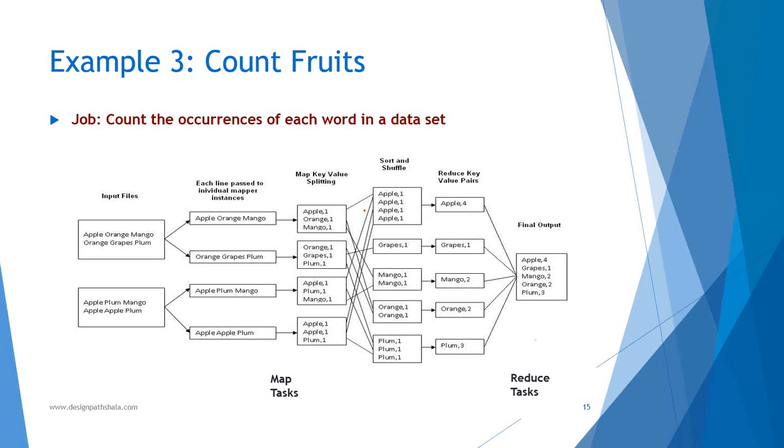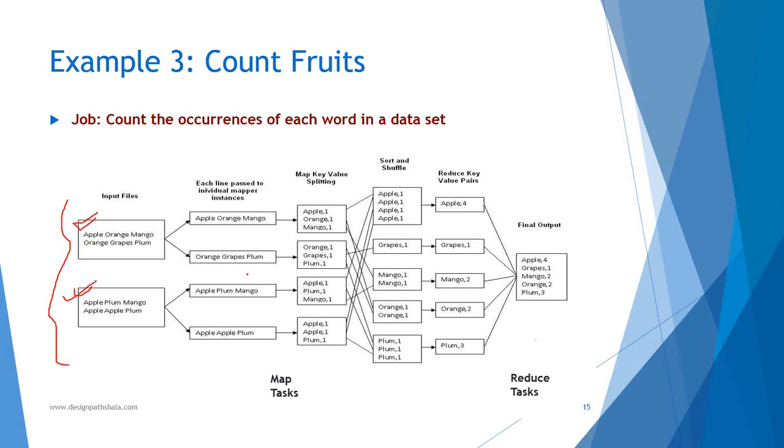So the data is read from the file, and these are the input files which I am reading, and the map function is called for each record in the block. Say these are 2 blocks which I'm reading for this file.